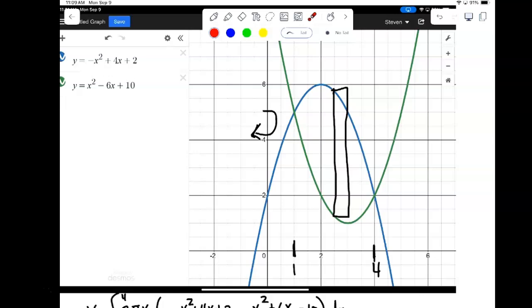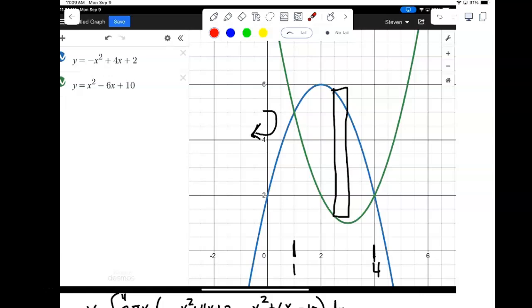Now sometimes you'll have problems where it's not the worst thing in the world to do it the other way, and we're actually going to see an example where we do it both ways. So sometimes it's not so bad, but other times, as we see here, it's just really painful to try and do it using the washer method.